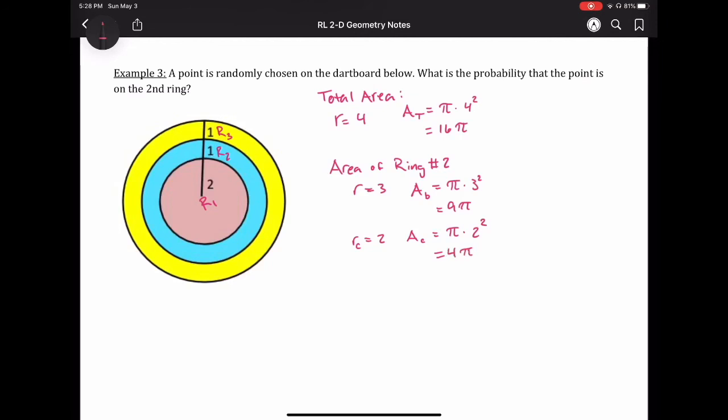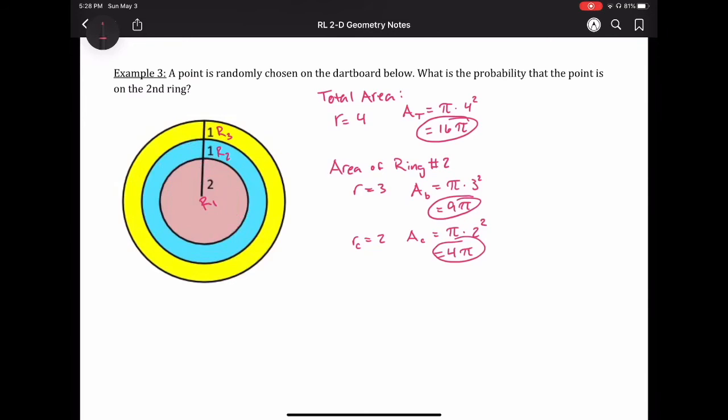All right, so now I have all the pieces of information I need. I'll circle those real quick. So in order to find the probability of just the blue part, I do need to do my subtraction where I'm subtracting the area of this entire circle. I'm cutting out the center.